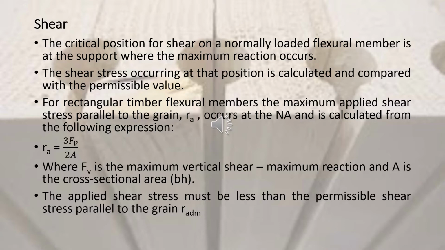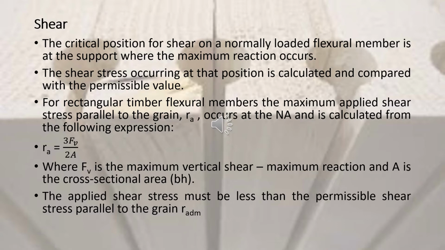All right, so again, just to look at the formula again, what we can see is Fv, that is the maximum vertical shear force. This is in kilonewton. The shear force is the maximum reaction at support.